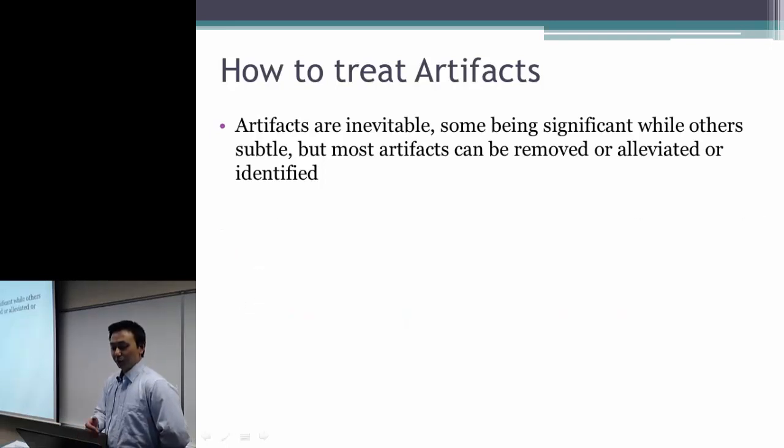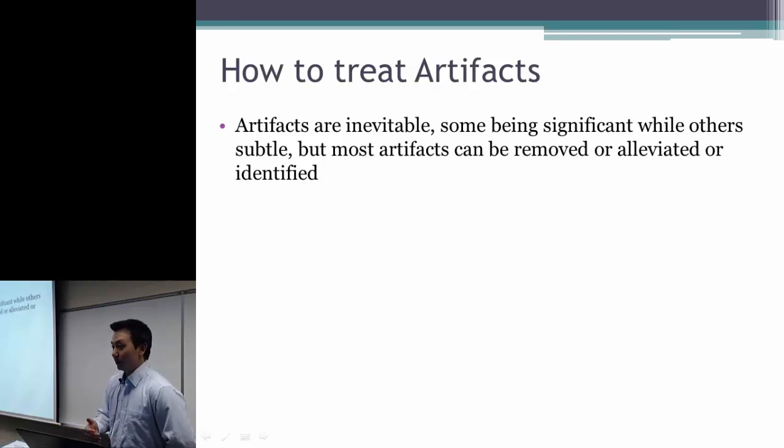So what should be our attitude towards the artifacts that we see in MRI images? First, we need to accept the fact that artifacts are inevitable. So you basically have to deal with them. Some artifacts are significant, you can see them right away and you know there is an artifact.